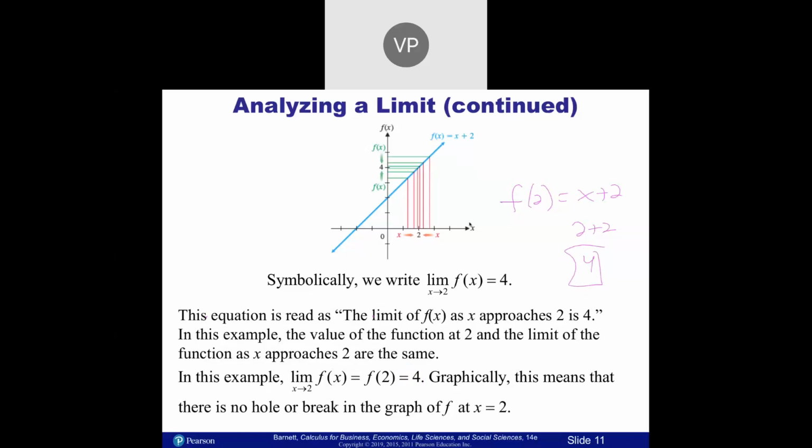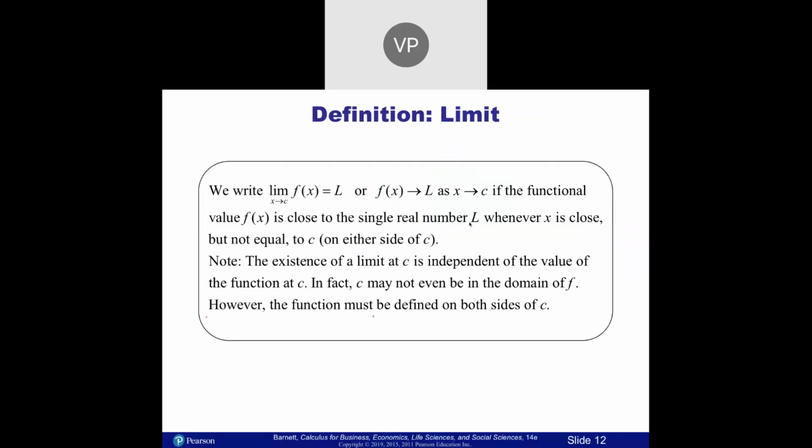In fact, that's how I'm going to have you solve these: when you try to find the limit, go plug in that x equals 2 into the function, see what you get. But most of the time, the limit's going to matter where you have problems where there's a gap, there's a hole, there's an asymptote. A lot of times the graph does not exist there, so we're going to have to deal with it.